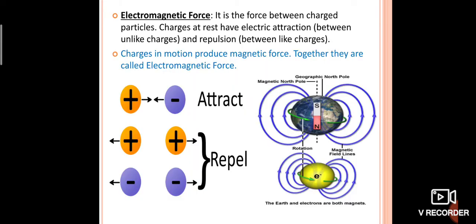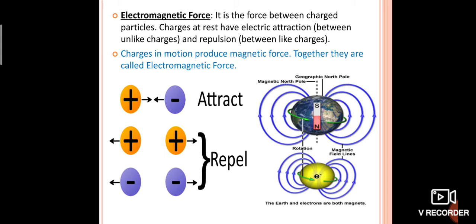Now let us understand what is electromagnetic force. Electromagnetic force is one of the fundamental forces in nature. It is the force between charged particles. Charges can exist in two states, either positive or negative.